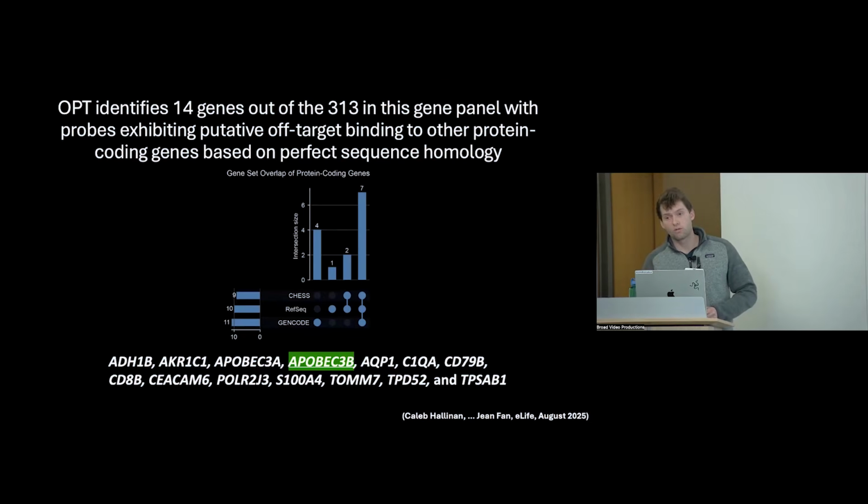Just to clarify, for any off-target gene, would it need to be that all the probes in your target gene are homologous or identical to the off-target gene? It wouldn't just be one, it would have to be like 4 or 5 or 6. It could be one probe, but in this case, these are 40 base pair probes, so this 40 base pair probe would have to have a perfect sequence match to the target or off-target. But how does it work?